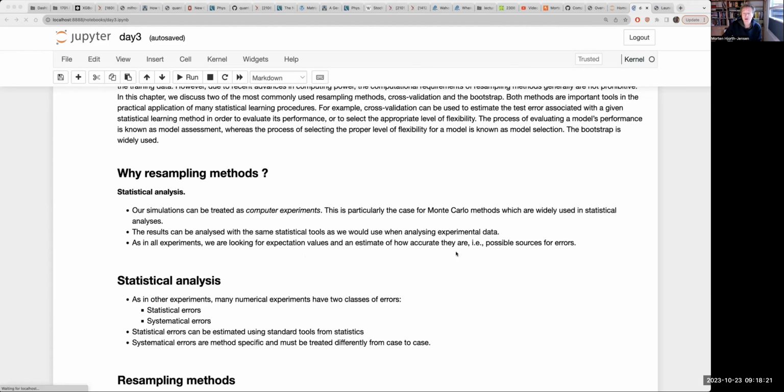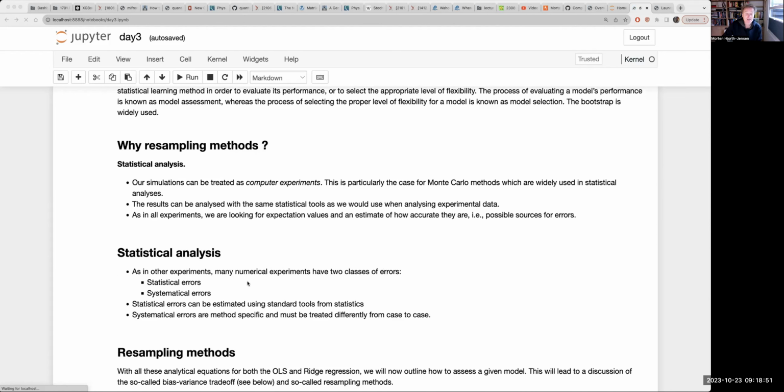We would like to have a reliable estimate of an expectation value, and also a reliable estimate of, let's say, the standard deviation. So when we are computing the mean squared error, we want to be sure that the mean squared error we present is the best we could get, with the limited data set which we have.